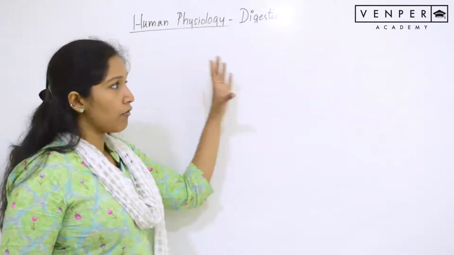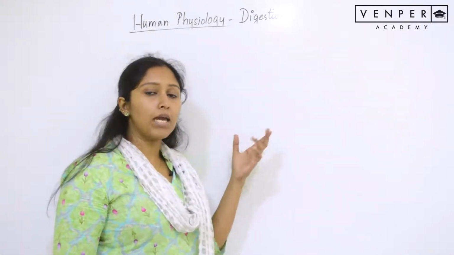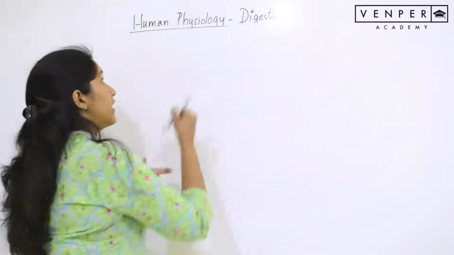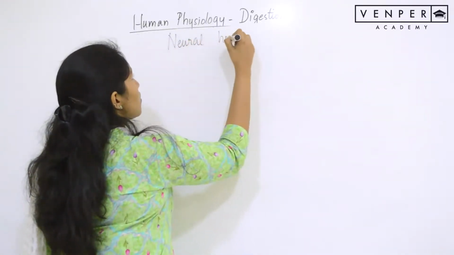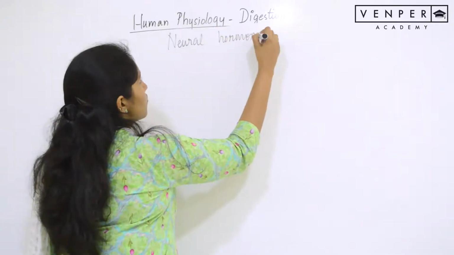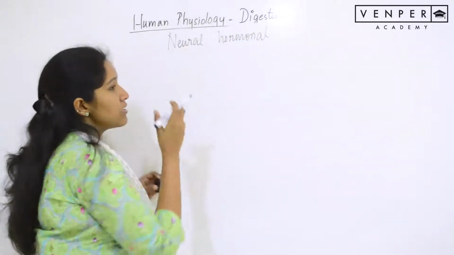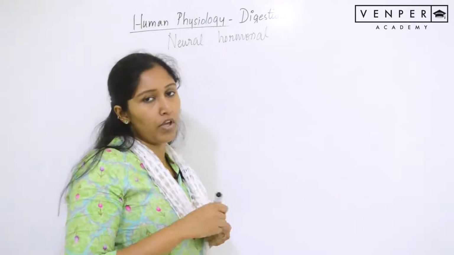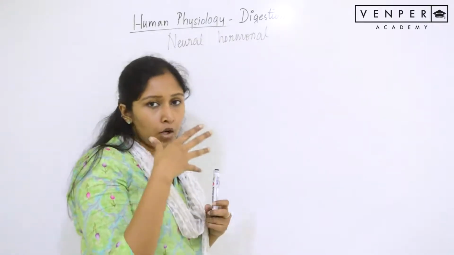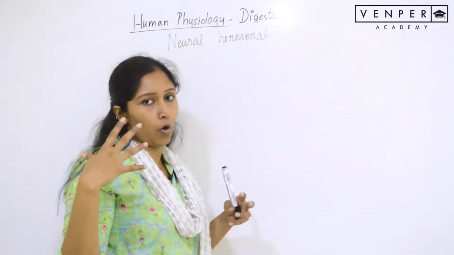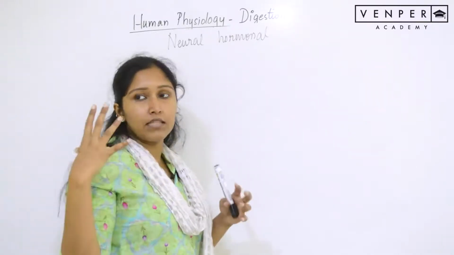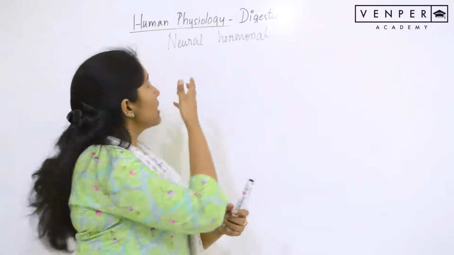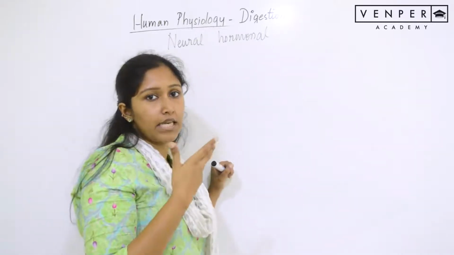So the control of this digestive process can be either neural or hormonal. The neural is, suppose when you have the sight of food or the smell of food, or when you hear people talking about it, you can see that the salivary gland starts secreting saliva.